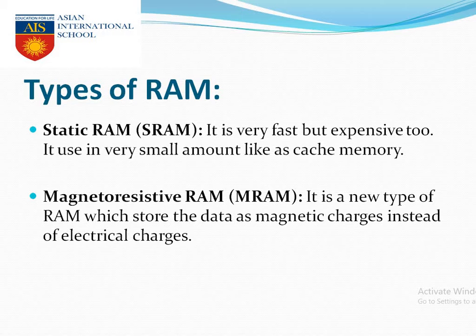Next one is magnetoresistic RAM, which is a new type of RAM which stores the data as magnetic charge instead of electrical charge. What we do is store the data as electrical charges in our machine, but this MRAM will store the data as magnetic charge instead of electrical charge.